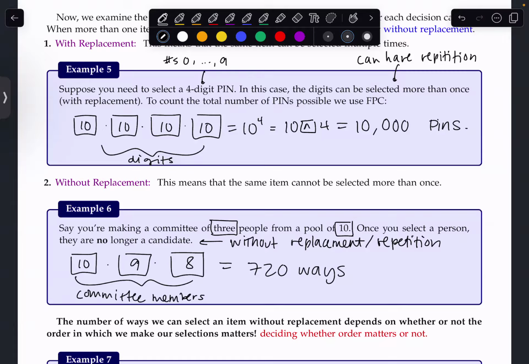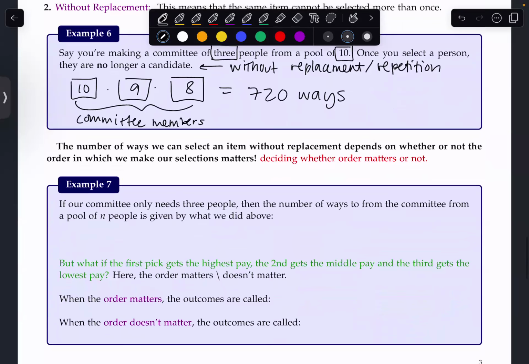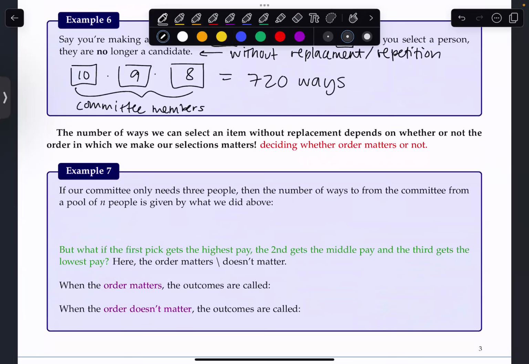But even before we do that, let's just think about if I had 3 people I was trying to choose from a total of n, how can I do that? Right, remembering that I can't do repetition now. Okay, so here, if our committee only needs 3 people, then the number of ways to form a committee from a pool of n people can be found using the following.